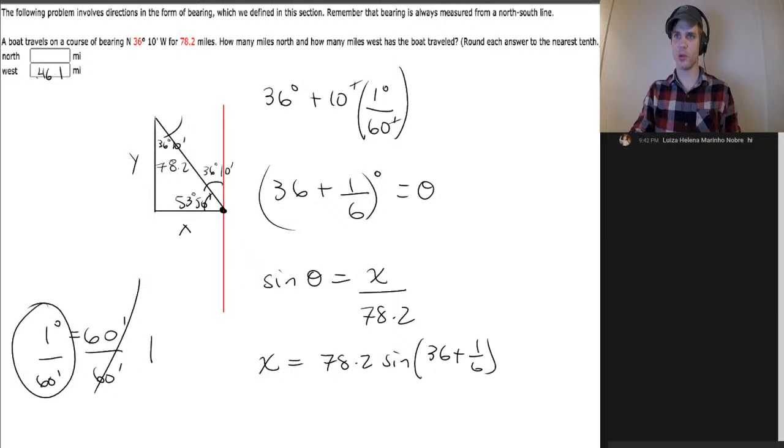And I actually am going to enter this another way just to check it. So 46.1. So 78.2 sine.